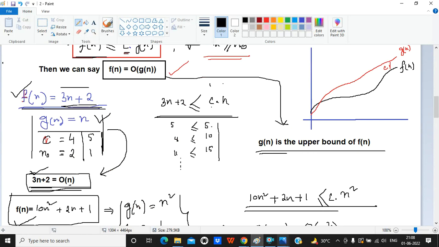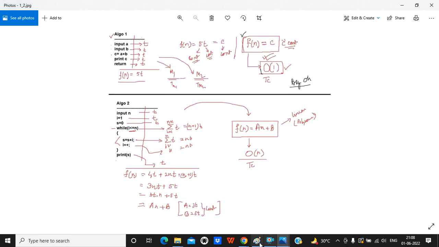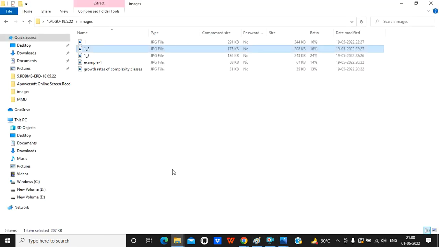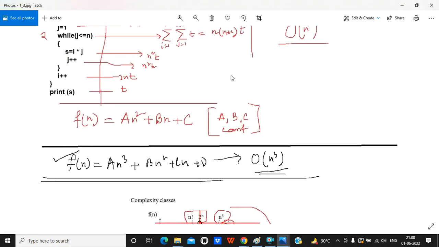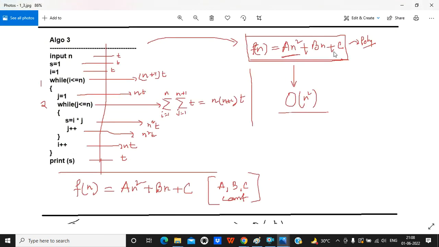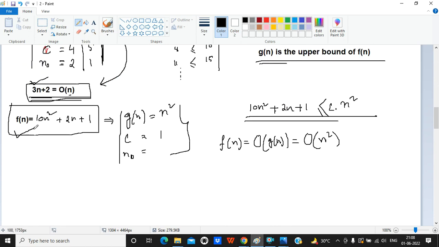Now if your function is quadratic, an square plus bn plus c, it will be represented in big O notation as big O of n square. Because of this, we proved it today.